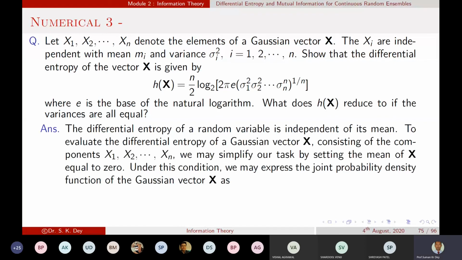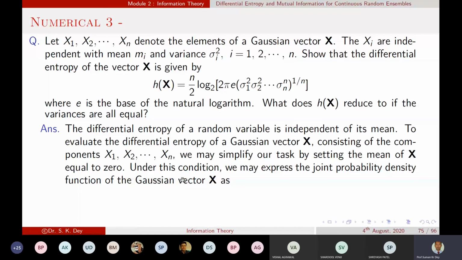First, the differential entropy of a random variable is independent of its mean. To evaluate the differential entropy for a Gaussian vector x consisting of the components x1 to xn, to simplify, we consider the mean to be 0.